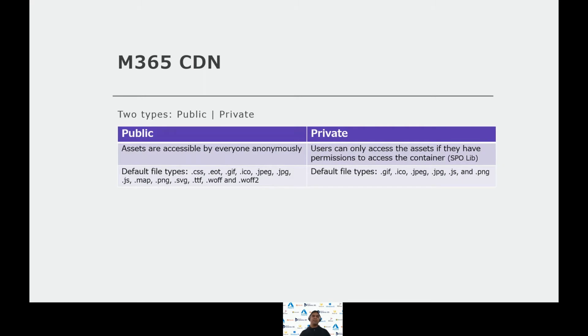As the name speaks for itself, the public CDN assets are anonymously accessible, whereas the private assets are accessible only if the user has permission to the library where they are uploaded. The table also shows the default file types that can be served through these CDN options.